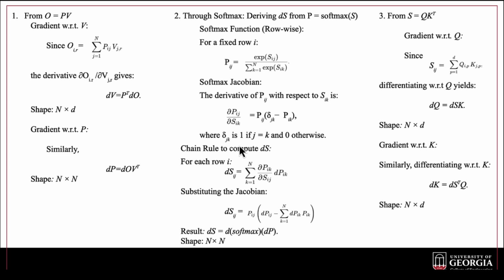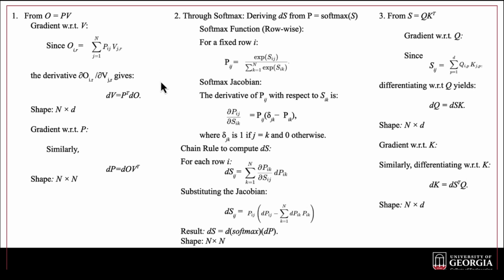And here are the detailed steps for how the backward pass proceeds based on the forward pass equations. The first one is to backpropagate from O equals P times V to the gradient for V and the gradient for P. Since O equals P times V, treating P as a constant, the derivative of O with respect to V is P. By the chain rule, dV equals P transpose times dO.